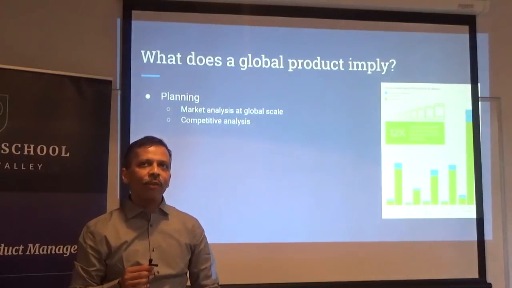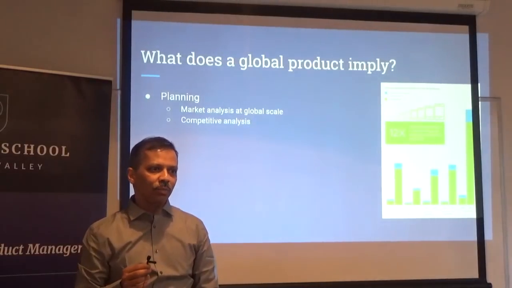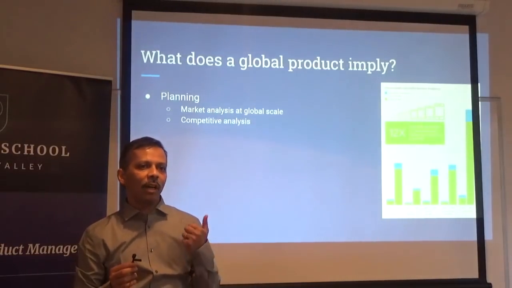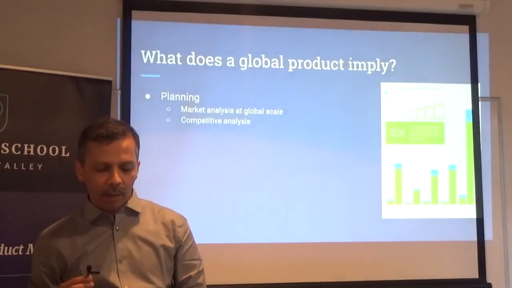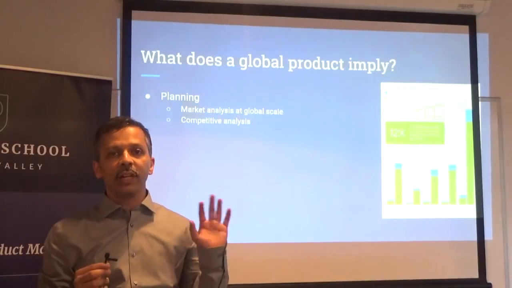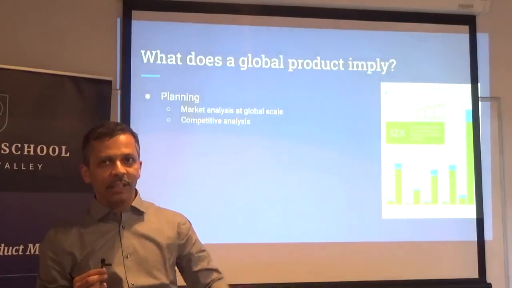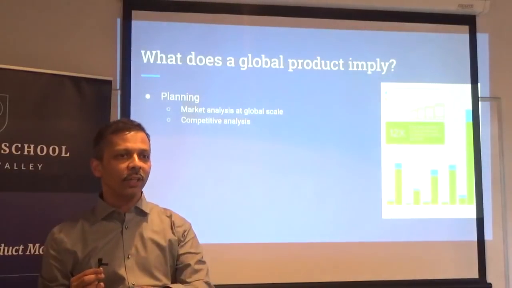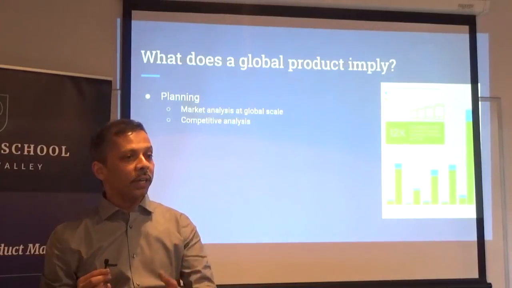If you're working on a product or feature that is basically for mobile users, you're going to get a different experience whether you do it in the US, or in Europe, where mobile is used a lot, or in India.